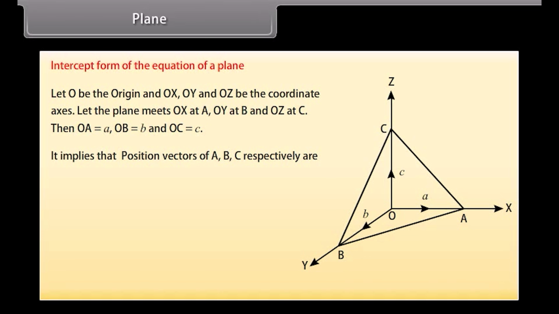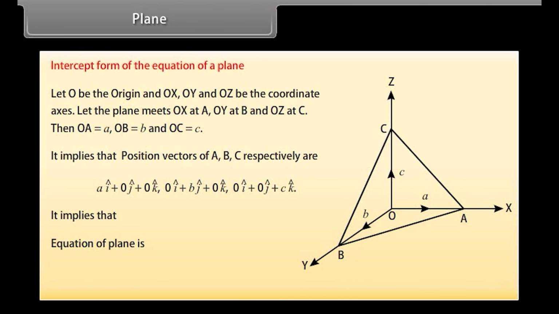It implies that the position vectors of A, B and C respectively are a cap i plus 0 cap j plus 0 cap k, 0 cap i plus b cap j plus 0 cap k, and 0 cap i plus 0 cap j plus c cap k. It implies that the equation of the plane is x by a plus y by b plus z by c equals 1.